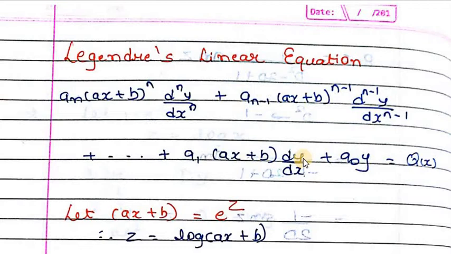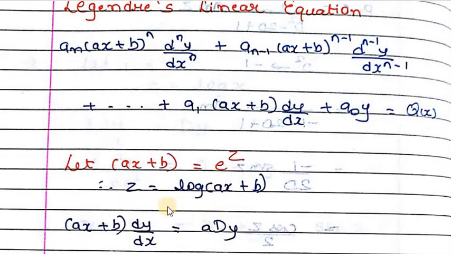To solve this type of equation, we let ax plus b equal e raised to z. Taking logarithm on both sides, we have z equals log of (ax plus b).